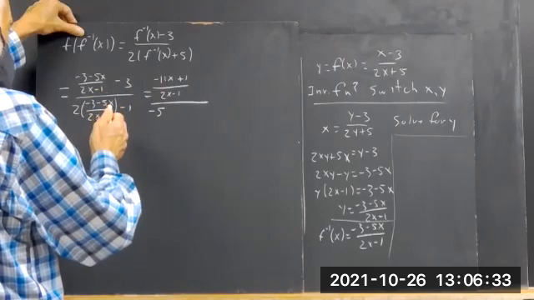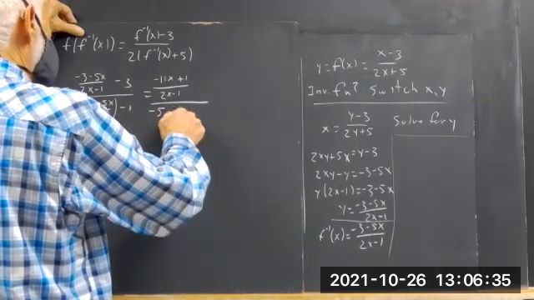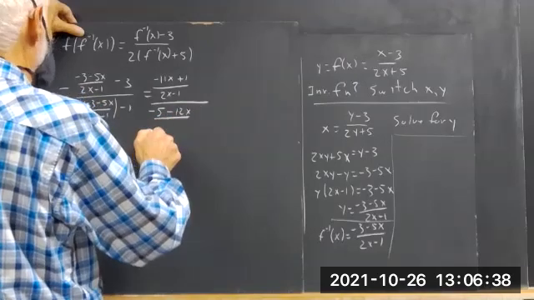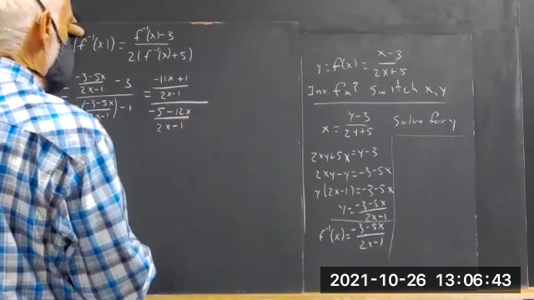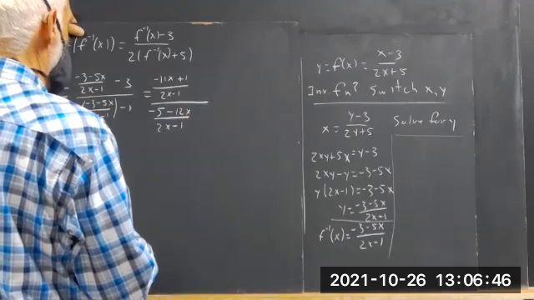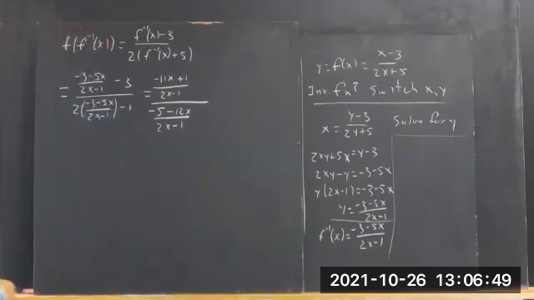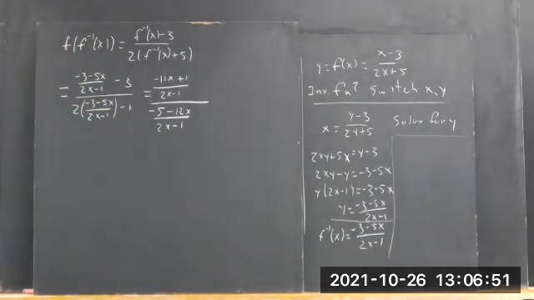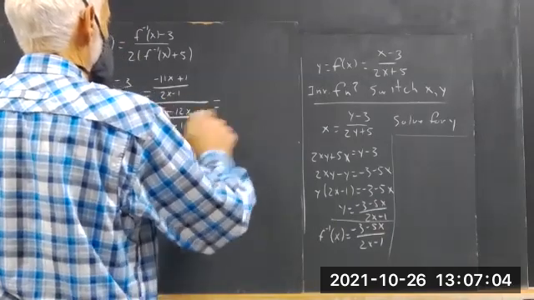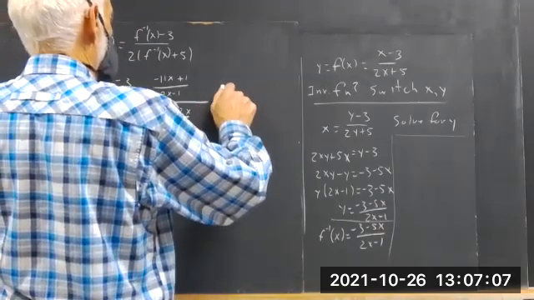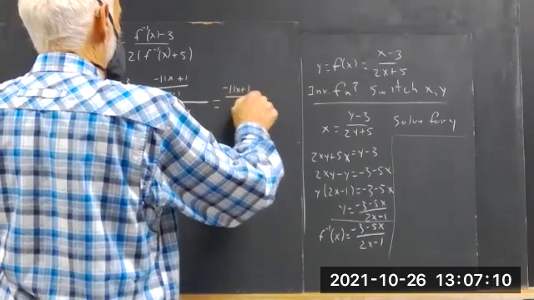You have negative 10x minus 2x, negative 12x over 2x minus 1. And that's not going to exactly work out.